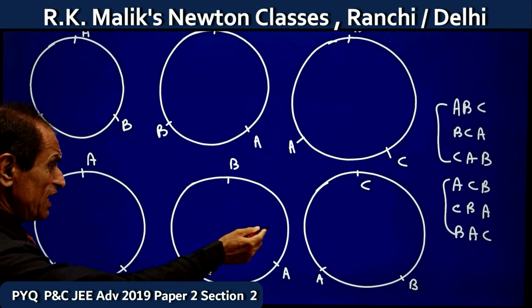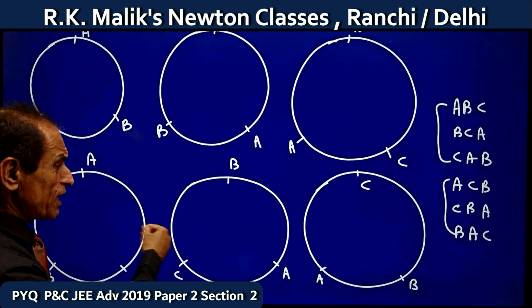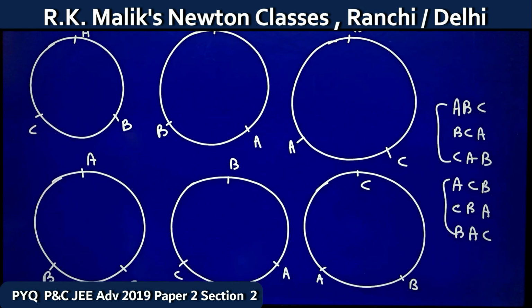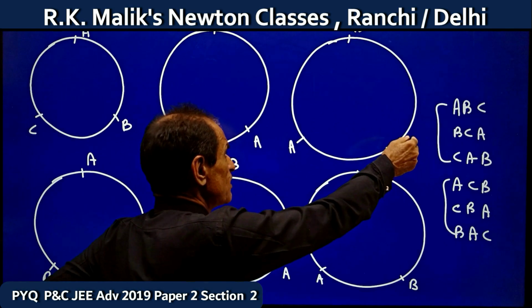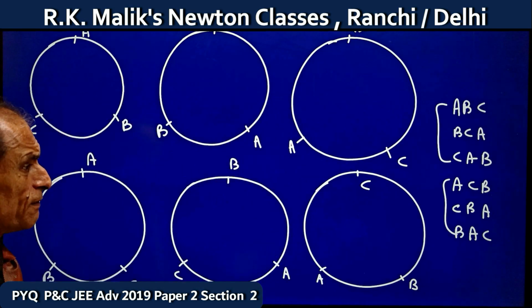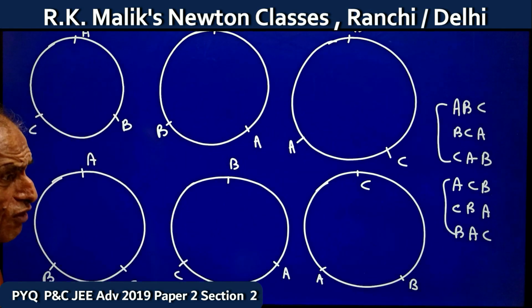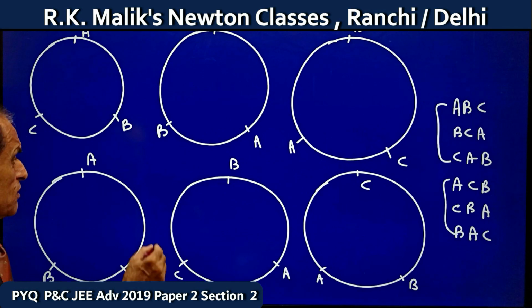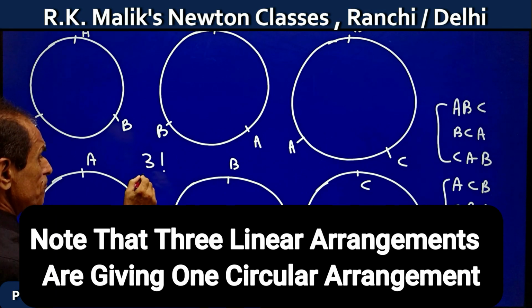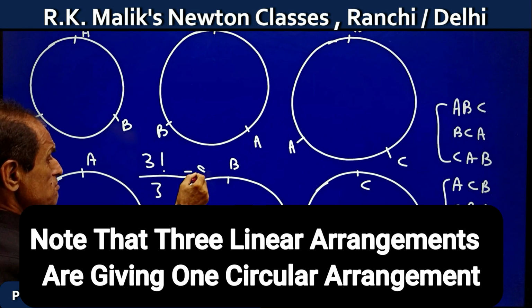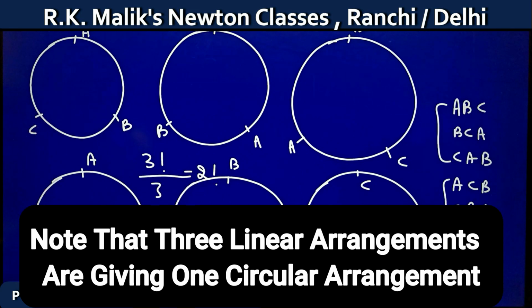But these 3 arrangements will again be taken as the same. That is, as a whole, these 3 arrangements have reduced to only one arrangement. These three arrangements also have reduced to only one arrangement. The number of ways of arranging three persons around a table becomes 3 factorial by 3, that is 2 factorial.